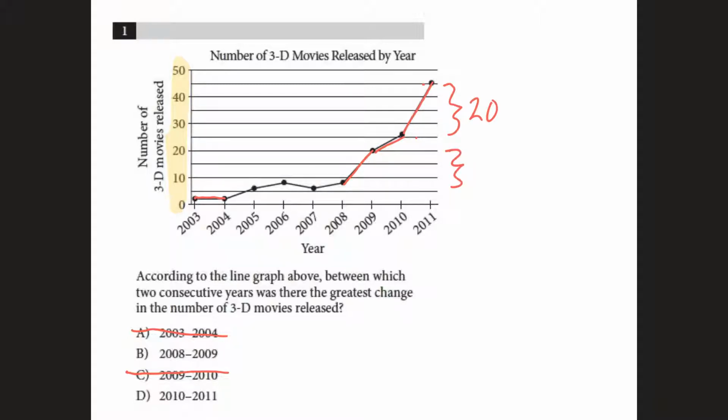There you go. Versus this, which is a change of a little bit more than 10, maybe 12. So it's going to be 2010 to 2011 is the greatest change.